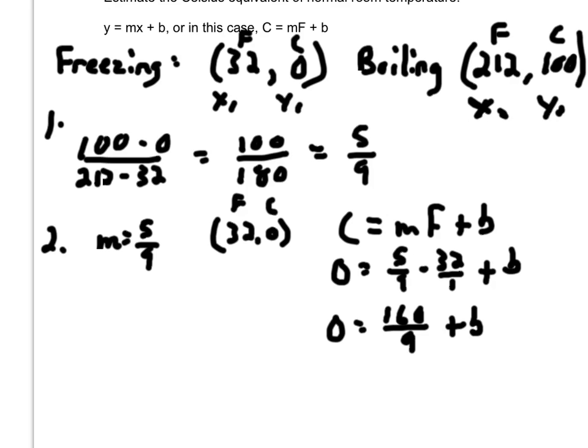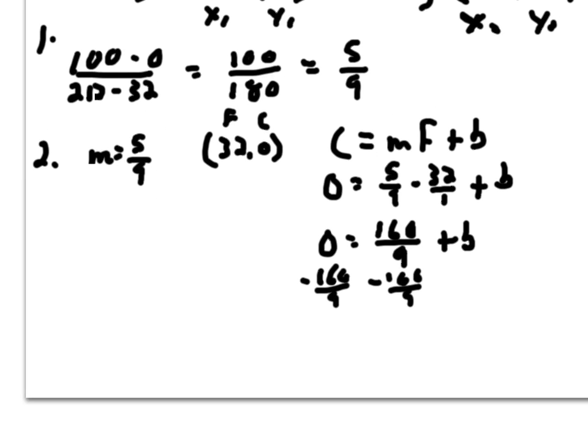And then we're going to subtract 160 over 9 from 0. And that's going to make our b value equal to negative 160 over 9.